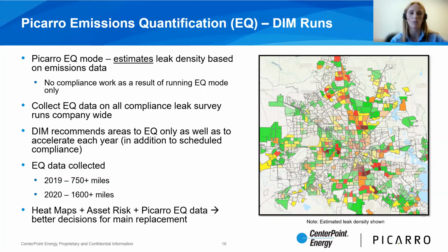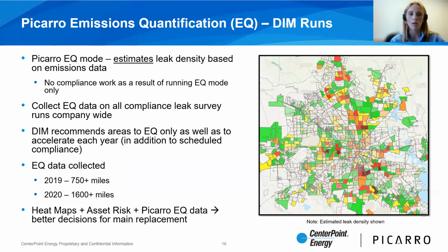So we recommend areas that we would like to accelerate their leak survey schedule. We also recommend areas that we would like to only run in the EQ mode. Again, no compliance work comes from EQ-only mode because they're already being surveyed according to their compliance schedule.